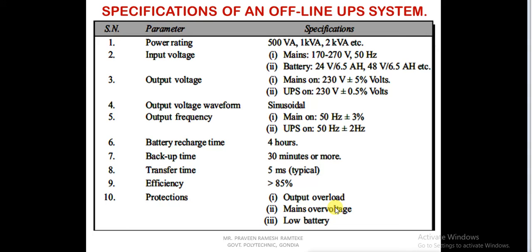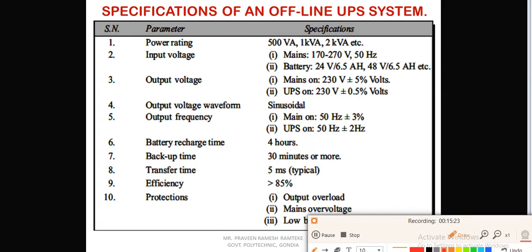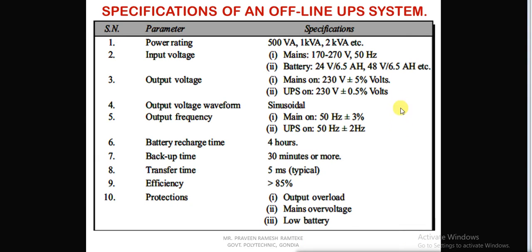Now we should understand how this 5 millisecond transfer time is calculated, and why only this time is considered. We will make one simple calculation to understand why only 5 milliseconds is considered and what will happen if it is more than 5 milliseconds. See, the input AC is like this.